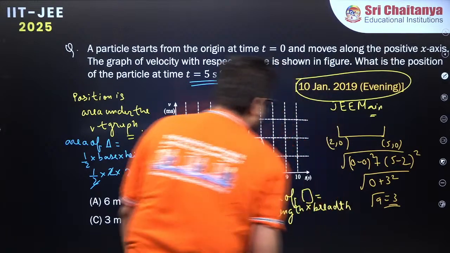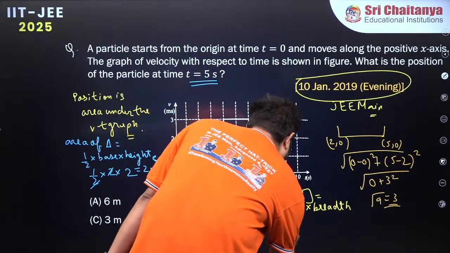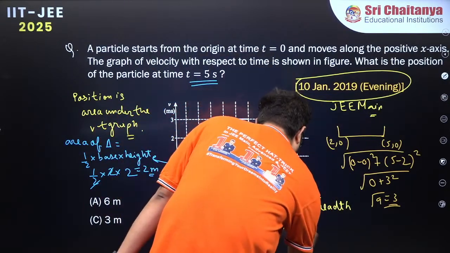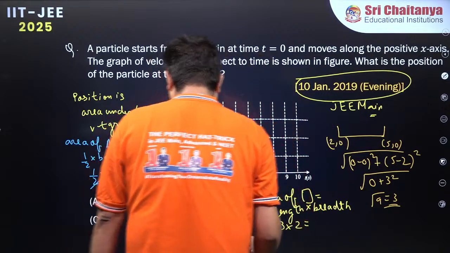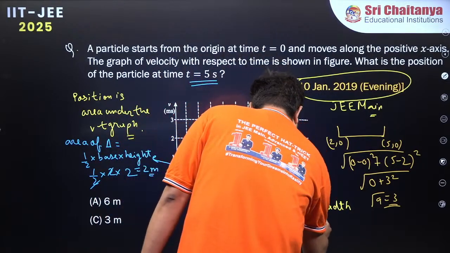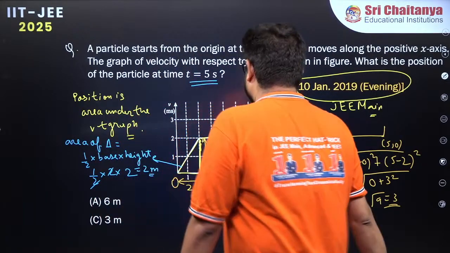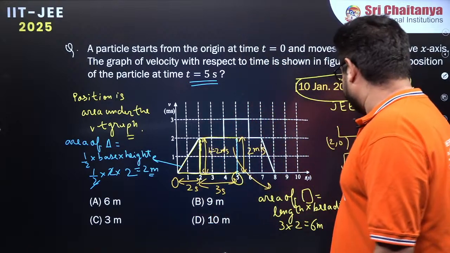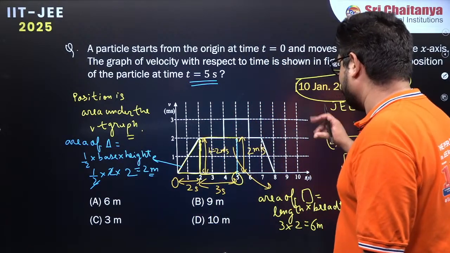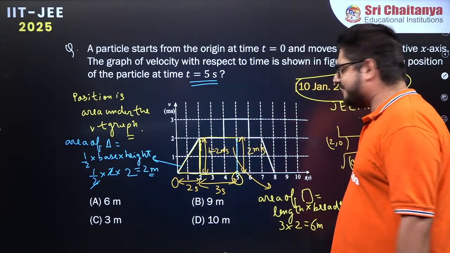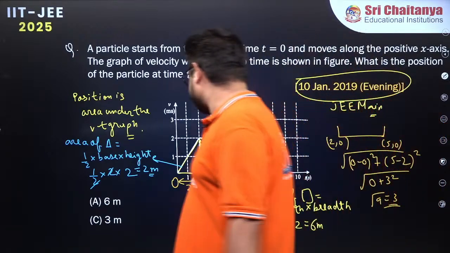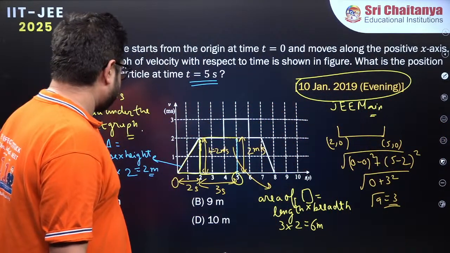So the length in the question is given as 3 and the breadth is 2. So what will I be getting over there? That's 3 into 2. Isn't it, everyone? Yes or no? Tell me, everyone.